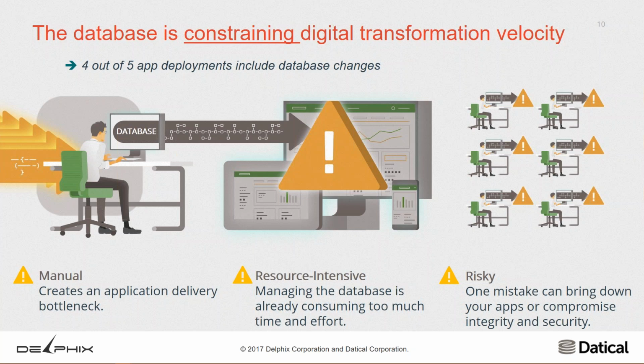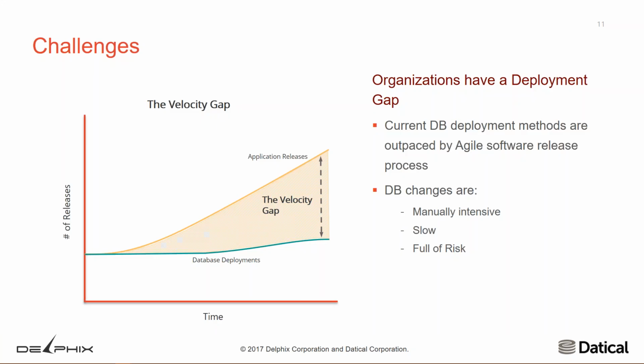It's resource intensive, it's consuming a huge amount of time and effort, and it's risky. We've seen in the recent past that when people make manual changes, stuff breaks. That S3 outage that happened a couple months ago, somebody made a manual change.